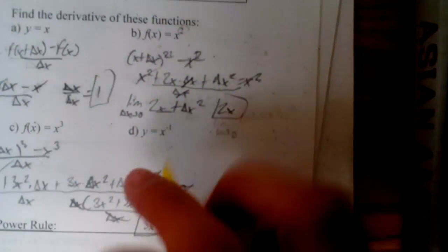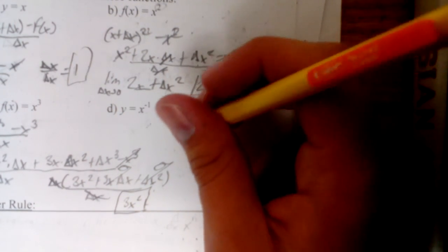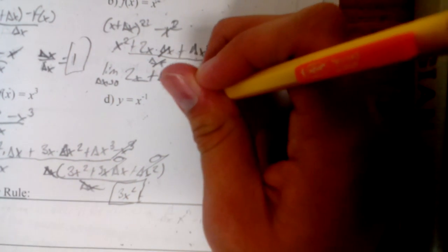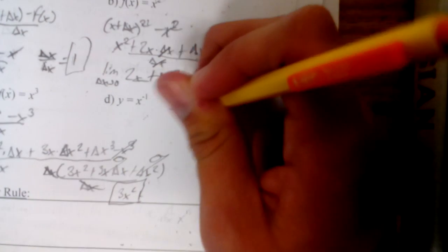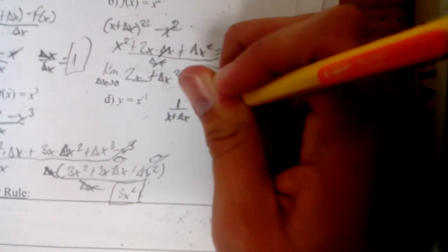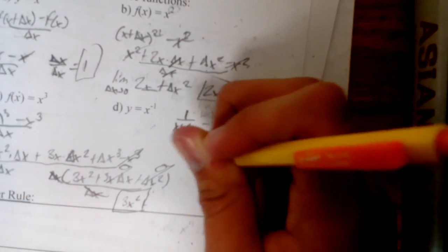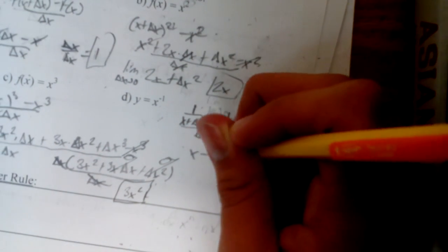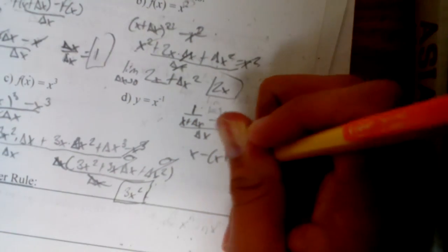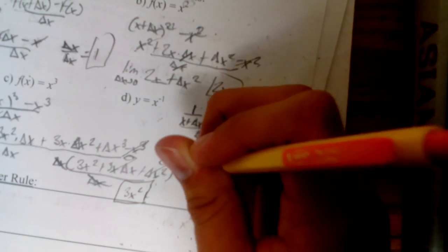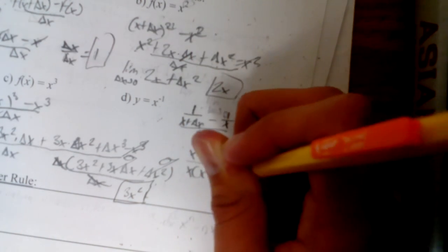and that's the answer. And for x to the negative first power, you would plug in x plus delta x, so 1 over x plus delta x minus 1 over x, all over delta x. So x minus x plus delta x over x times x plus delta x.